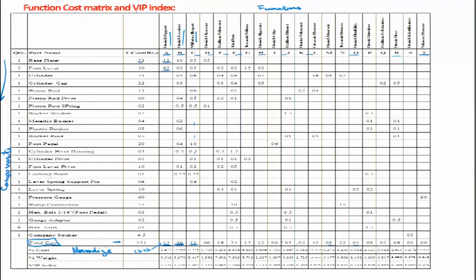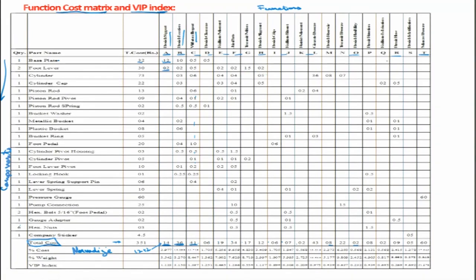So this is the VIP index, or value improvement potential chart, and the function cost matrix as well. These are the costs of the functions, and this is the total cost of the functions. This is normalizing.